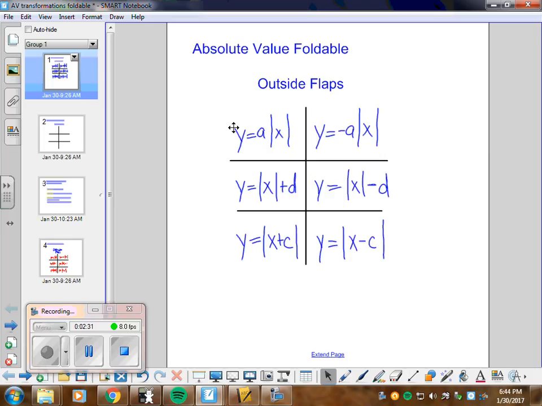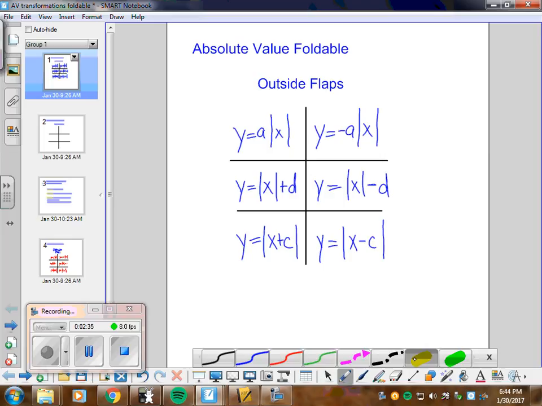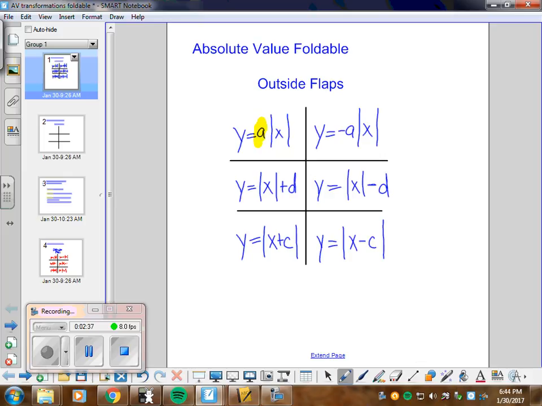So these are your outside flaps. As you can see, you go across, you've got just A here, negative A here. You've got the plus D here, the minus D here, plus C here, minus C here. So that's the way all your outside flaps should look.